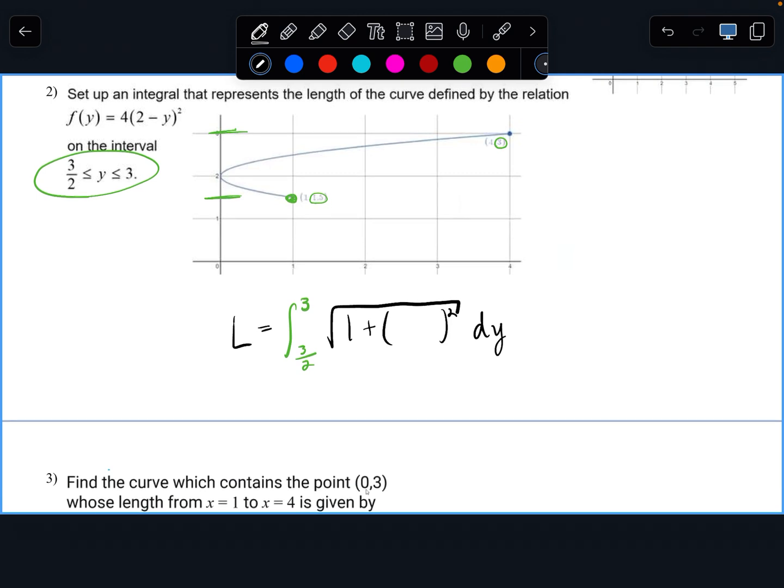So now what you're going to do is just find f prime of y. You don't have to do chain rule or anything because you're taking a derivative with respect to y. It's just normal derivatives. Well, I guess this one is chain. You're going to go 8 and then 2 minus y times -1.